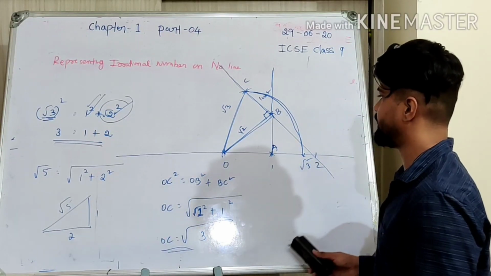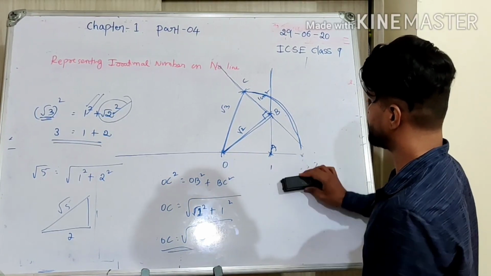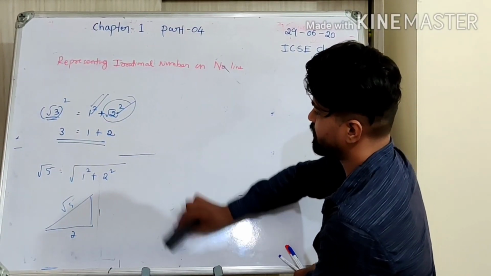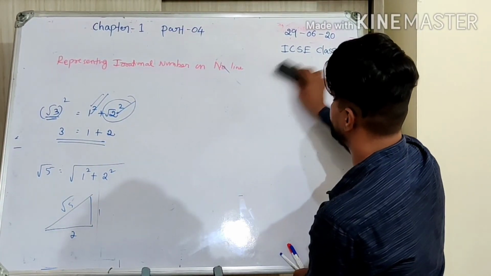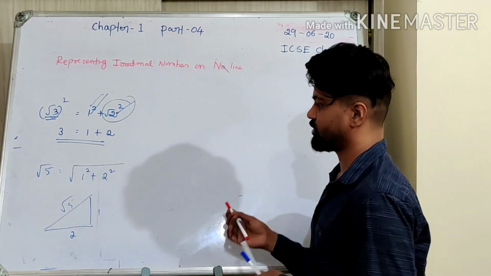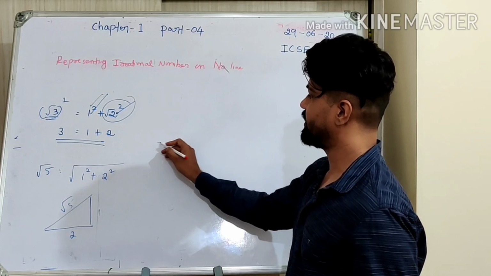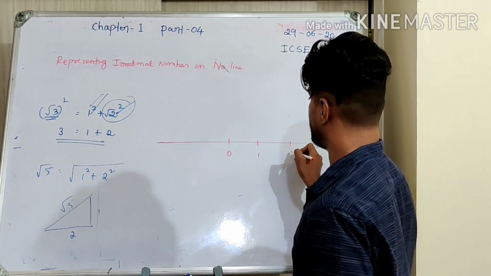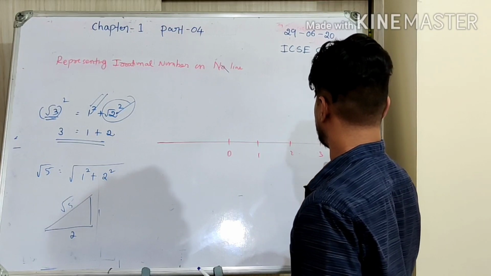Anyway, I'll explain that. The compass is compulsory here. You need to use compass and scale to get this right. It should be accurate, not randomly done. So 0, 1, 2, 3, and so on.